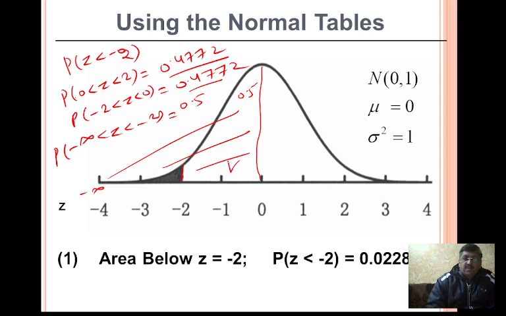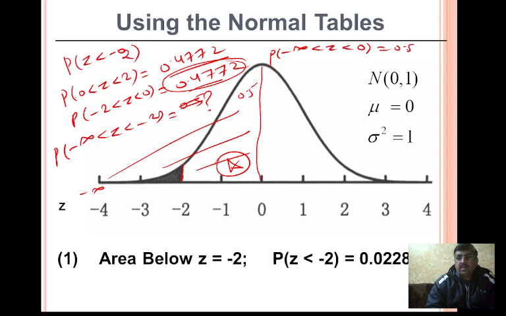And we know the value of this part, that is -2 to 0 or 0 to 2, which is 0.4772. We are interested in this value, which is not 0.5; this value we have to find out, right? And 0.5 is this part. We know that minus infinity to z to 0 is 0.5, and we also have another value: -2 to z to 0 is 0.4772.